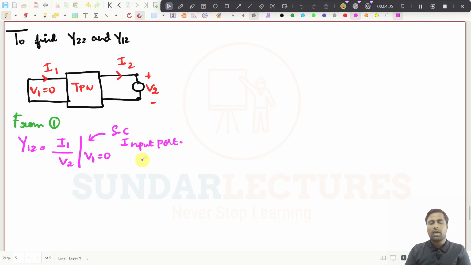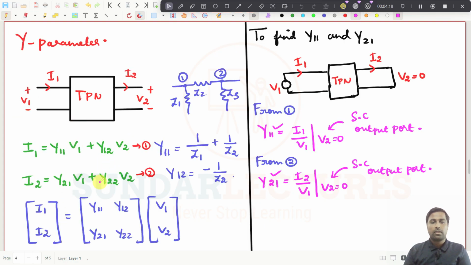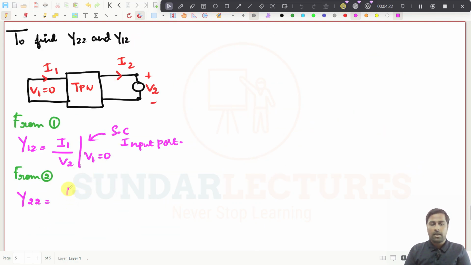And likewise from expression number 2, you can easily see that Y22 should be equal to I2 by V2, with respect to V1 equal to 0, and the condition is short circuiting the input port.